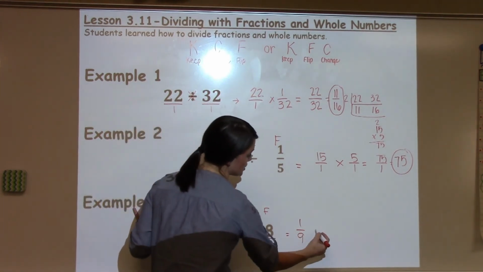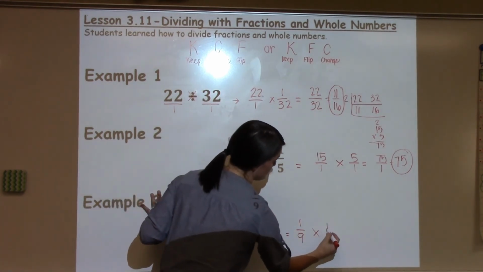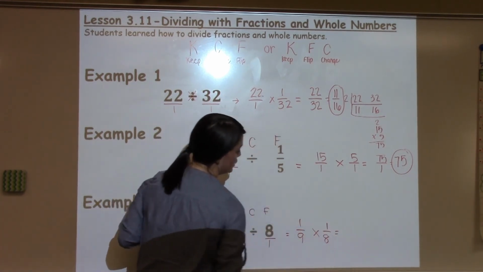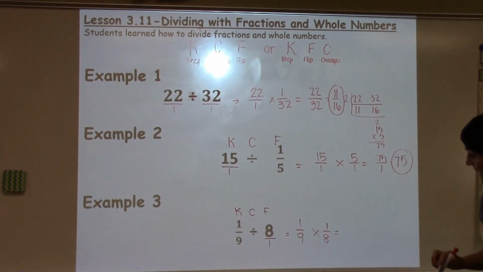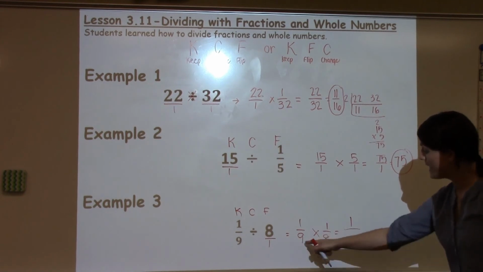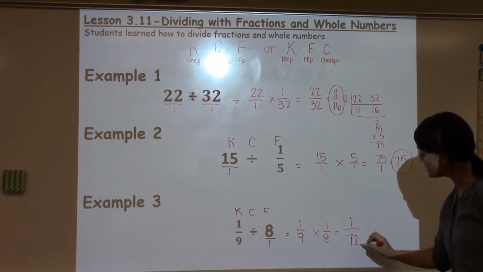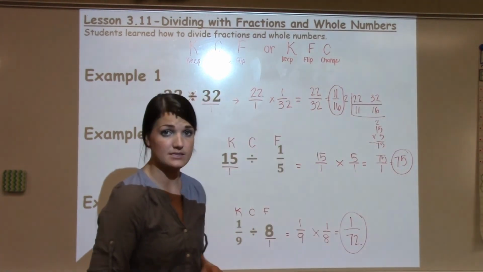I change my division to multiplication, then I flip-flop that other fraction. So it's going to make 8 over 1 be 1 over 8 instead. I take top times top to get myself 1, bottom times bottom to get 72 for a final answer of 1/72.